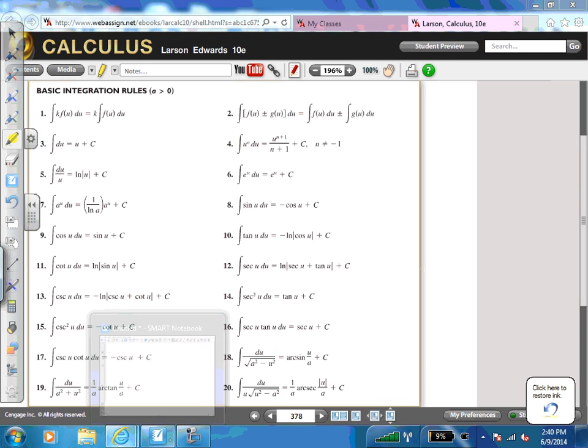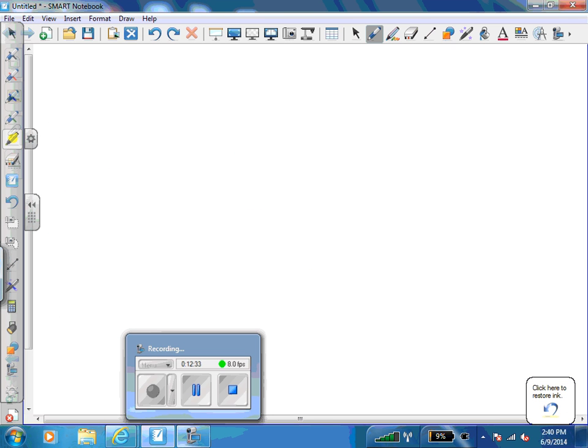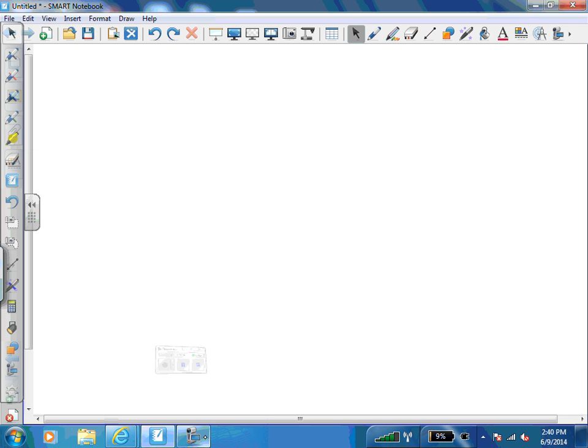In Cal 1, we briefly mentioned that if we have a definite integral that involves something that we don't have a formula for, then we can use like Simpson's rule or the trapezoidal rule to approximate that definite integral if we can't integrate, if there's not an antiderivative for that function.